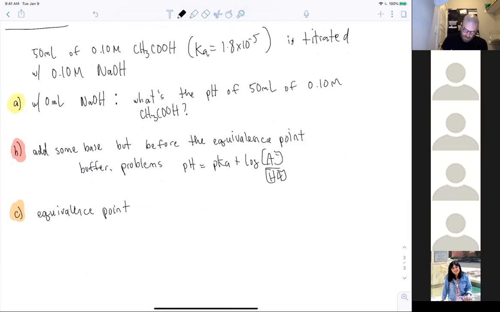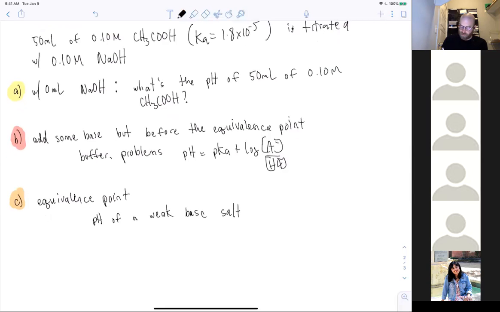There you're looking at the pH of a weak base salt. Whatever A minus is going to dictate what the pH is.